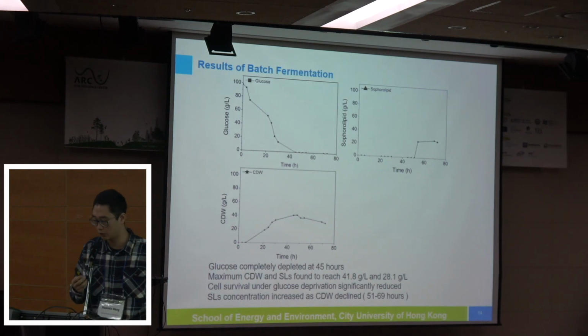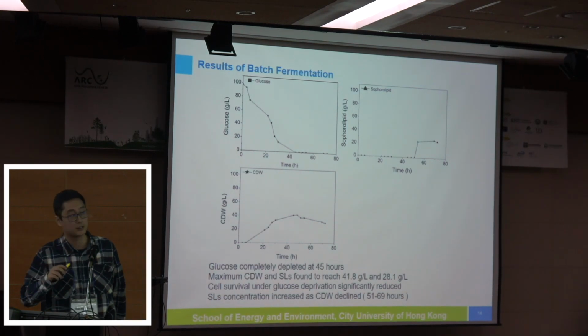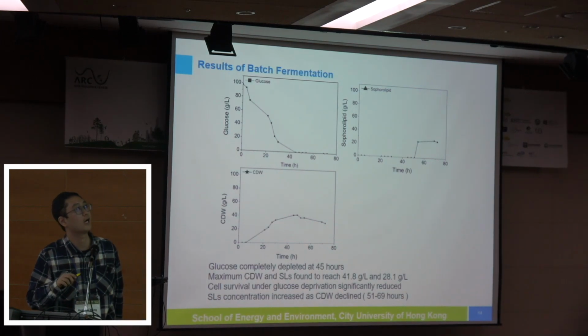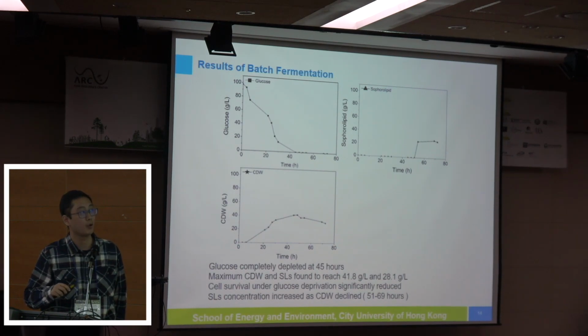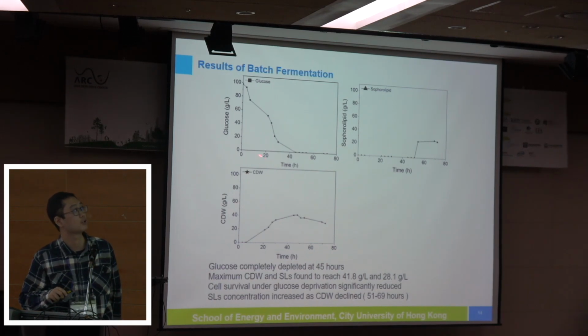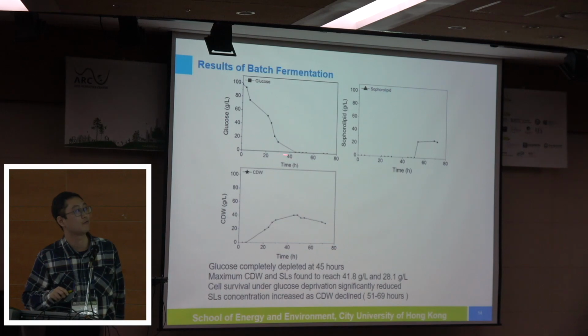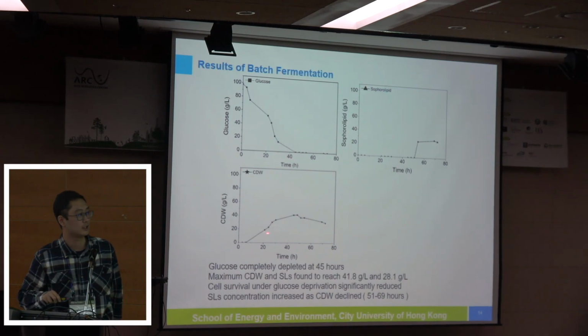Okay, so here come the results and discussion. As I mentioned before, we first conducted a batch fermentation. With batch fermentation, we want to prove that our food waste hydrolysate can be utilized by the microbe to produce our product. We can see from the figures that the glucose was consumed very fast, and the CDW reached 41 grams per liter in the end.